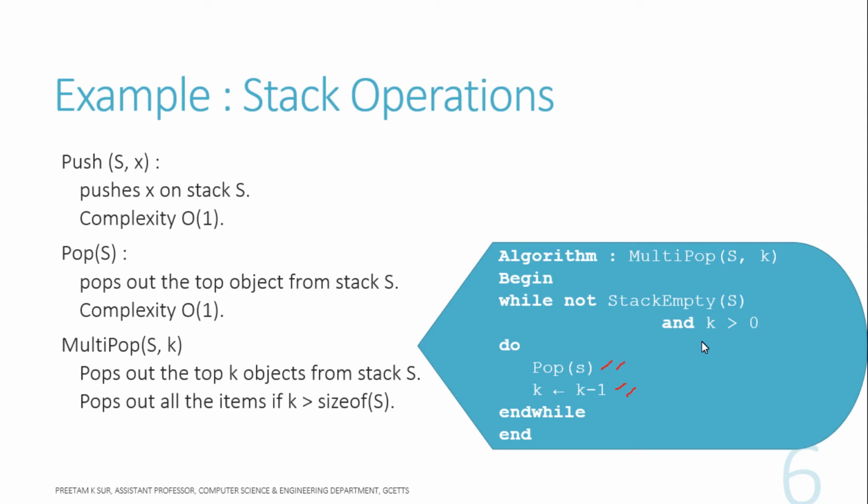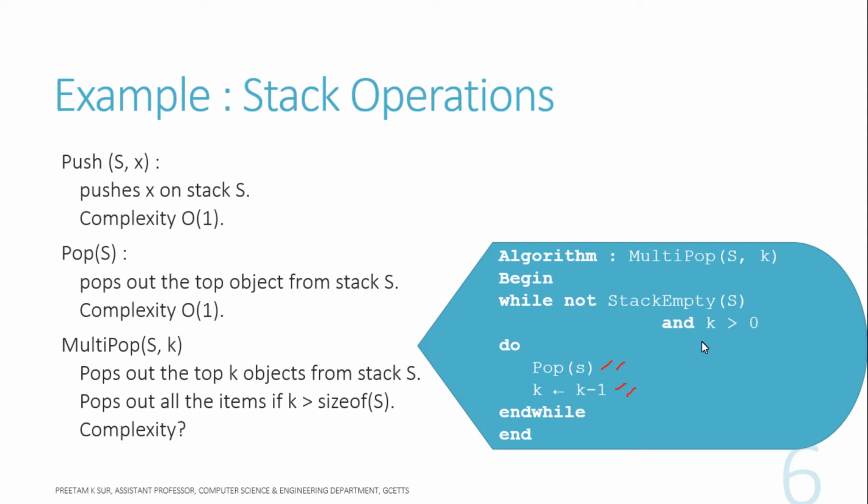Okay, with this definition of the algorithm, if I ask you what will be the complexity of this multipop operation? If you look at this algorithm and perform the worst case analysis, in the worst case it might happen that the stack is full. Okay, it has all the elements up to its capacity, and you are calling the multipop operation to pull out all those elements.